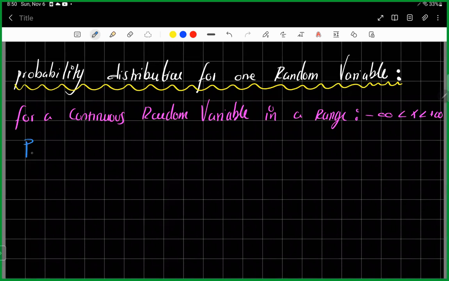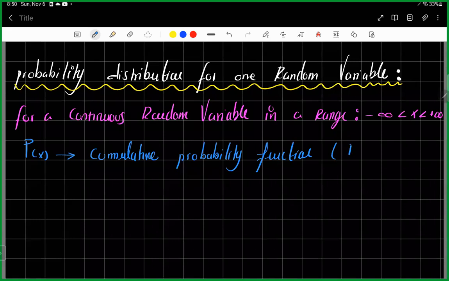Large P of x, we will define as the cumulative probability function, known as CPF.